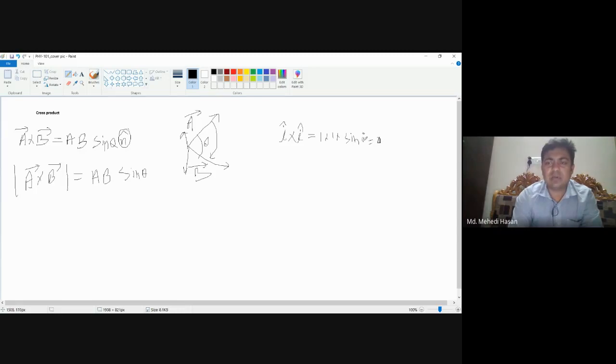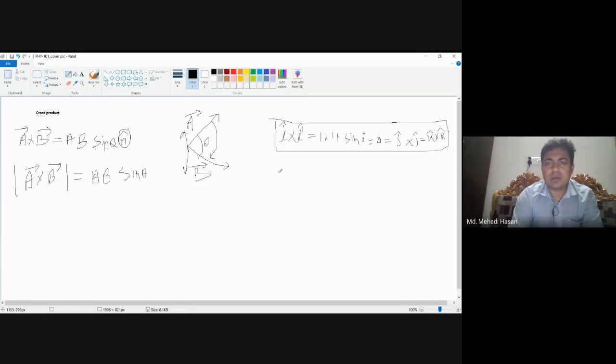There is a unit vector here, but no need to write it down, because multiplication of 0 with anything is 0. So i cross i equals 0, equal to j cross j, equal to k cross k. So for similar unit vectors, the cross product result is 0.